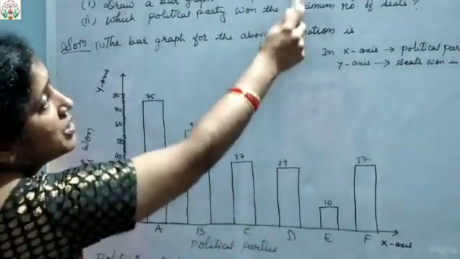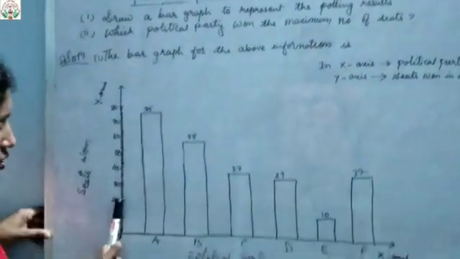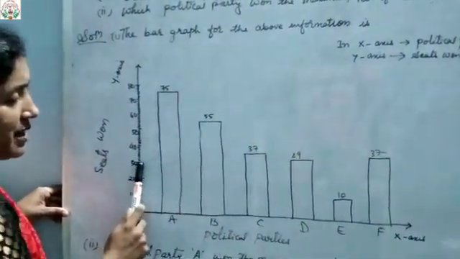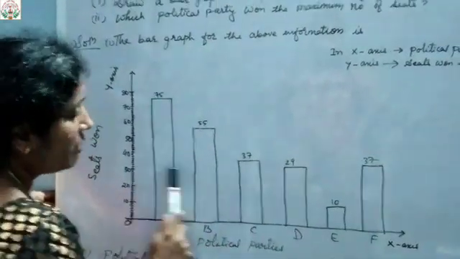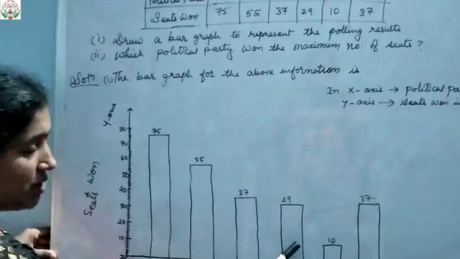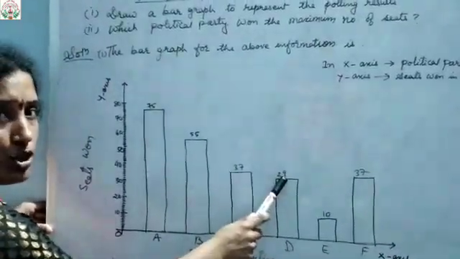Then D political party, what is the number of seats won? That is 29. So after 20, 1, 2, 3, 4, 5, 6, 7, 8, 9. Count 9 lines and with the scale measure the line and draw a rectangular box as the bar graph for political party D and number it as 29 on the top.